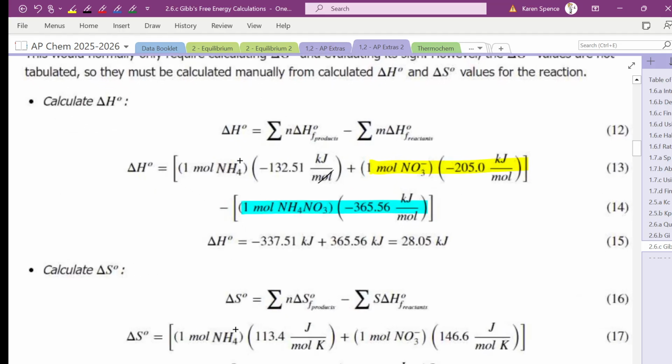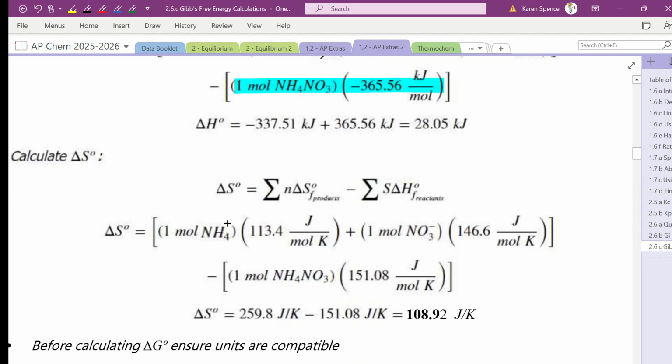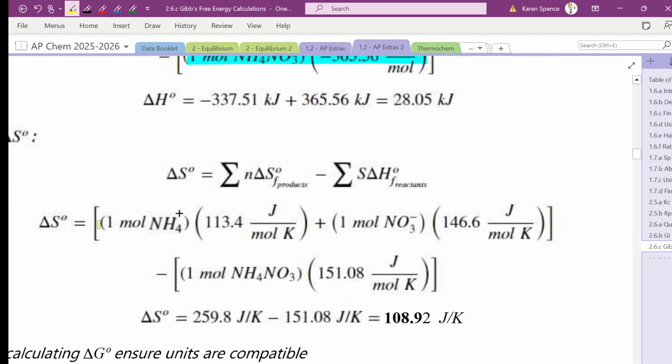All right. So now we have our kilojoules. Now we calculate delta S. So we've got our S of our product. Okay, so here's our product. And then we've got S of our reactant. Just the one reactant. And we add those all up and we get joules per Kelvin.